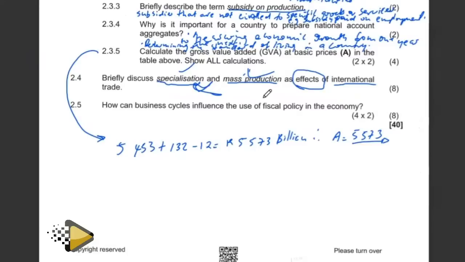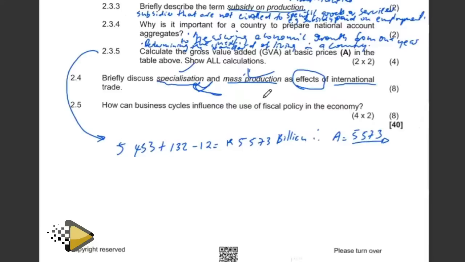So the moment it engages in efficient supply of goods and services to other countries, that is going to help that country to gain what we call a competitive advantage when it comes to production of goods and services compared to other countries.